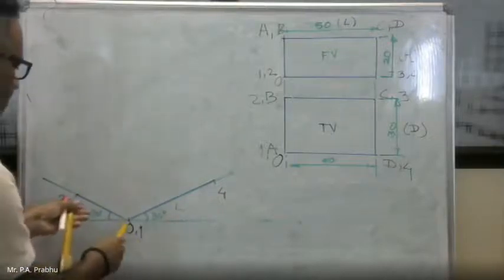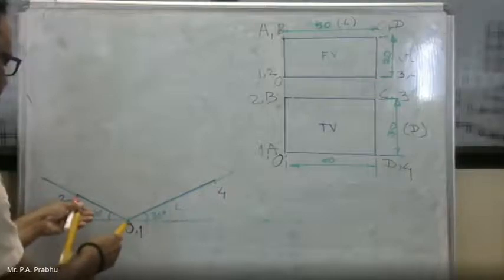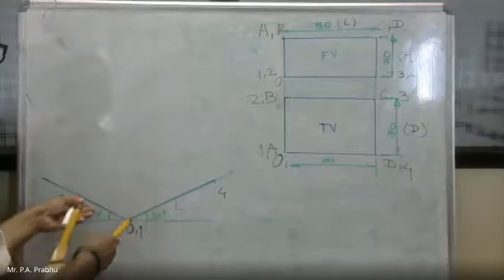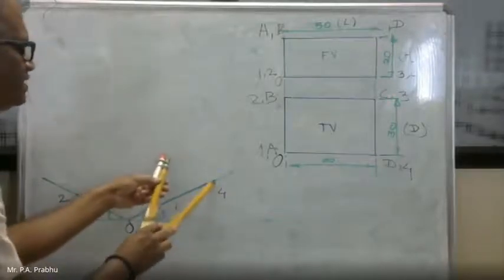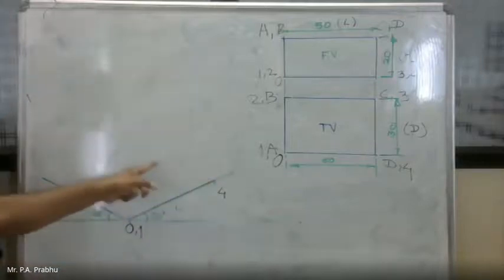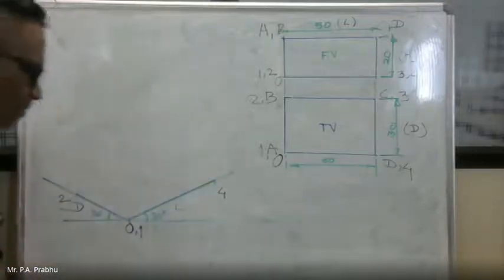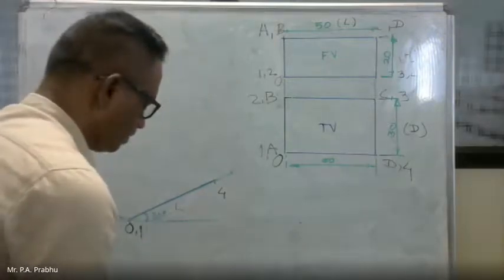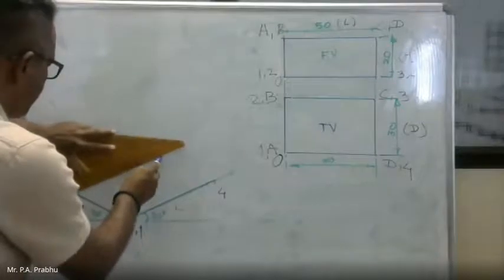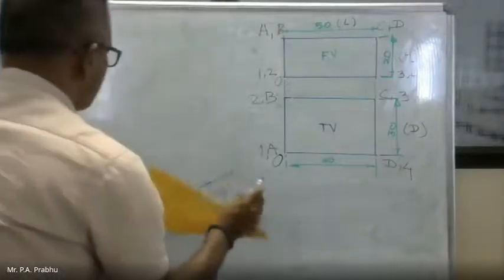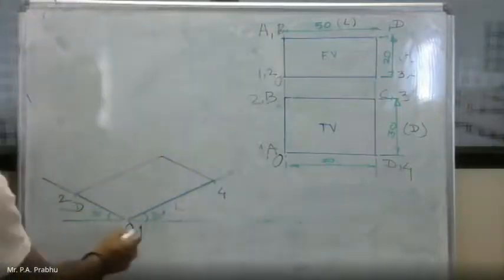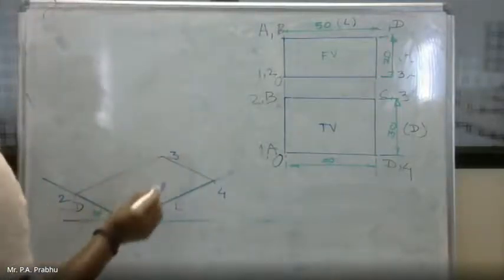Then take this 30 mm, take 4 as a center, and mark this. So this is point 1, 2, 3, 4.